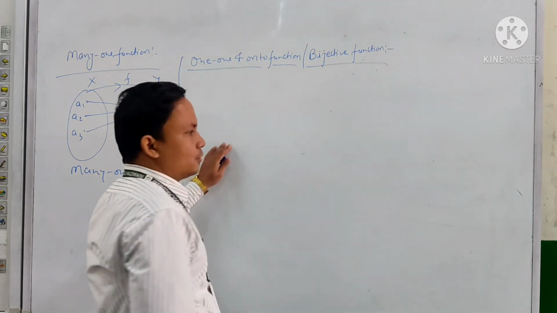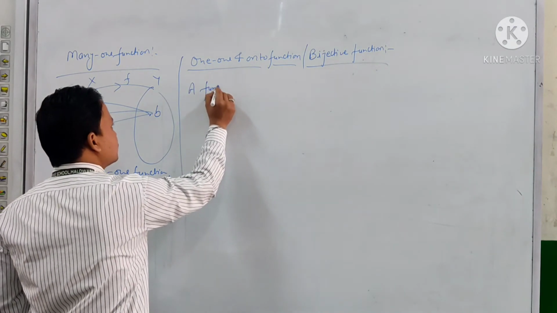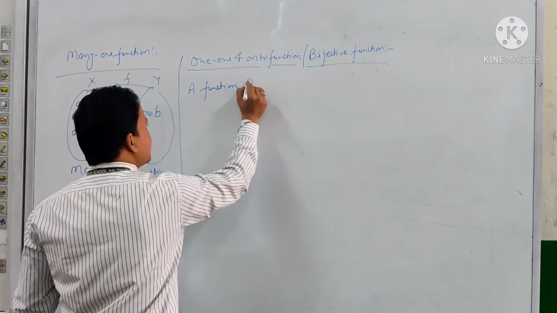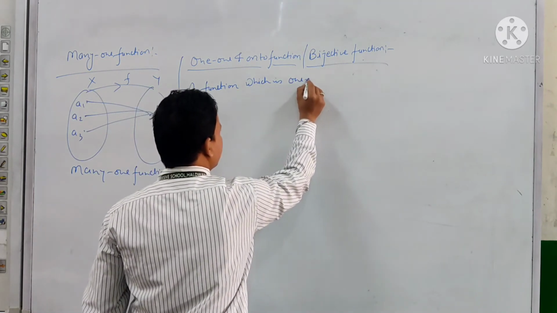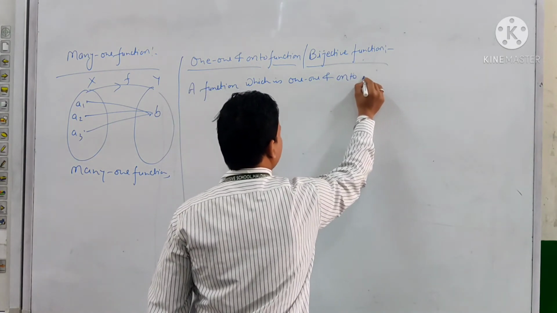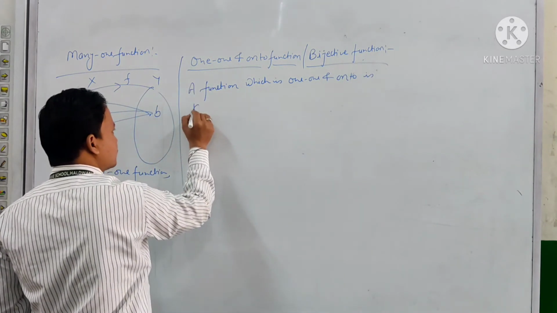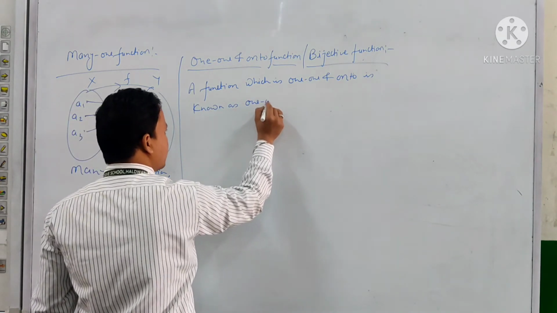Okay, so a function which is 1-1 and onto is known as 1-1 onto.